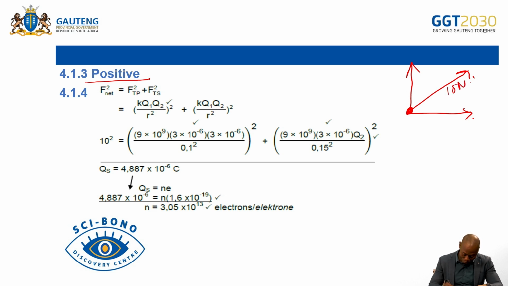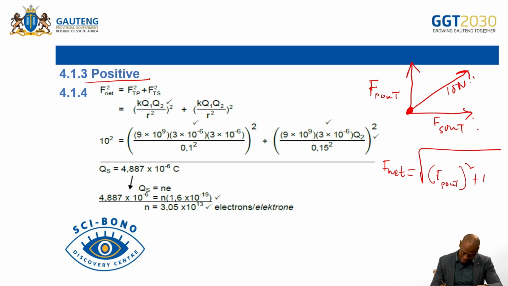Here you have the force exerted by P on T. Here we'll have the force exerted by S on T. Because they are at a right angle, your net force will be equal to the square root of F of P on T squared plus F of S on T squared, which is your Pythagoras theorem.